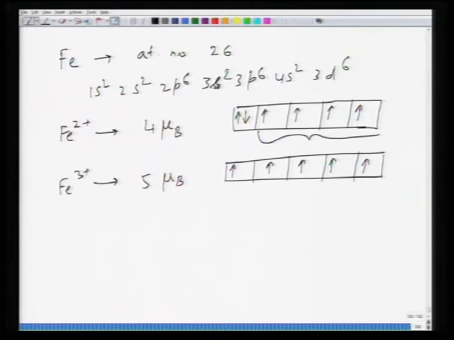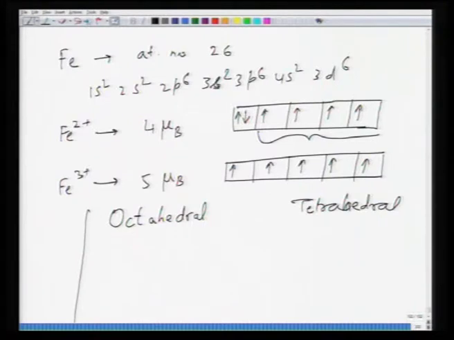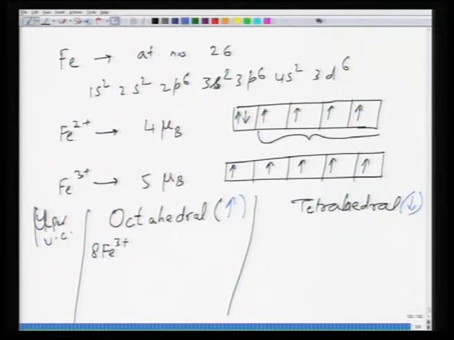So now doing the math, octahedral, tetrahedral, and we are going to calculate mu per unit cell. We had 8 Fe3 plus. Let's say the octahedral site is spin up and the tetrahedral site is spin down. We are saying that they are opposite, a spin up and a spin down.